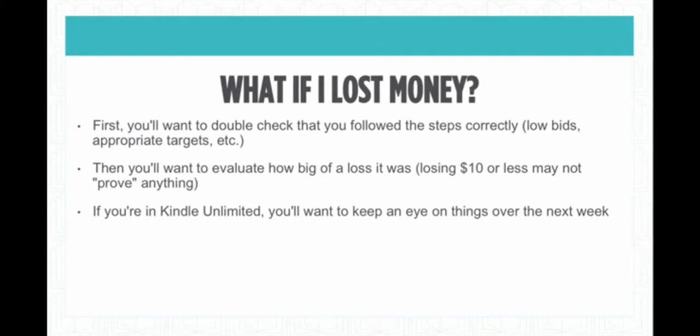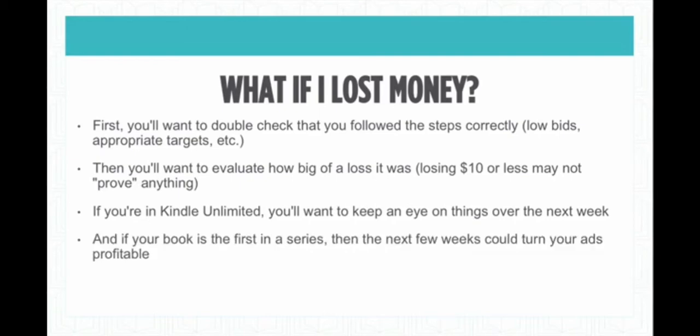So you want to keep an eye on things over the next week. There's a lot of keeping an eye on things with Amazon ads. You'll notice that a lot of the comments I've made over the last week, including my Zen lemur of good Amazon ads come to those who wait, a lot of it is in response to, what should I do? Is nothing while you wait for more data to come in.